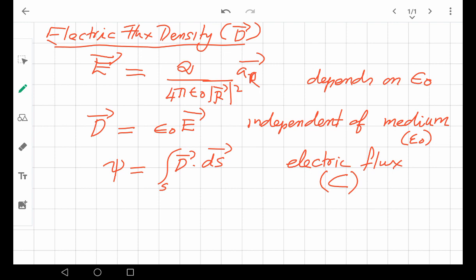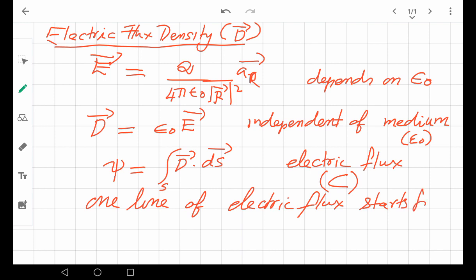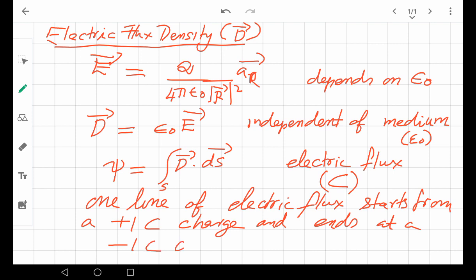You can say that 1 line of electric flux starts from a plus 1 coulomb charge and ends at a minus 1 coulomb charge.